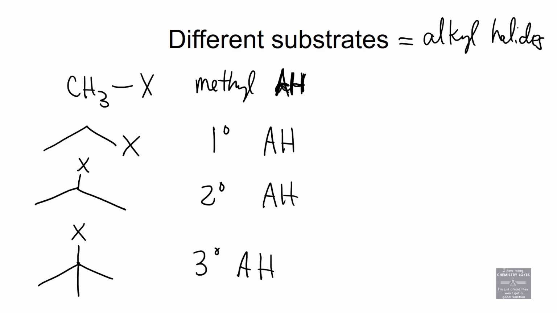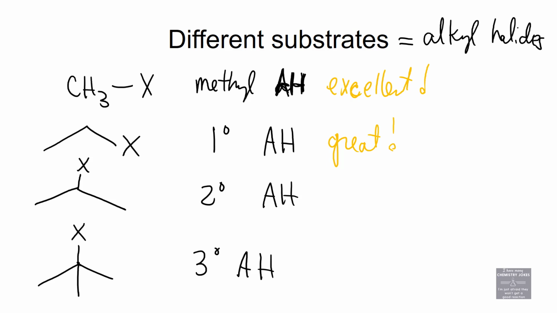So what's so good, bad, ugly about these things? Is a methyl alkyl halide a good substrate for SN2? Yeah, it's an excellent substrate for SN2. It's a really fast reaction. Primary is real good. We might even say it's a great substrate for SN2.